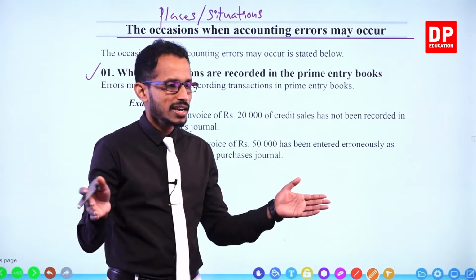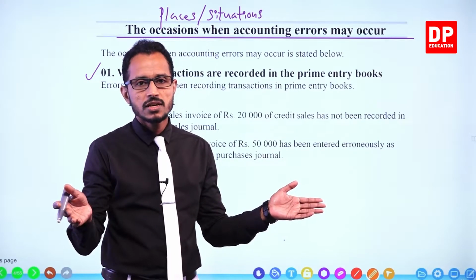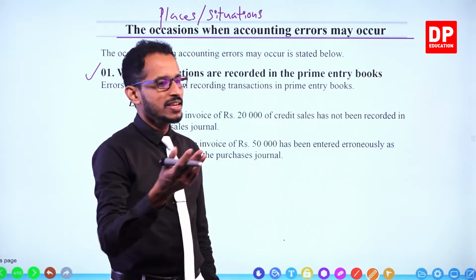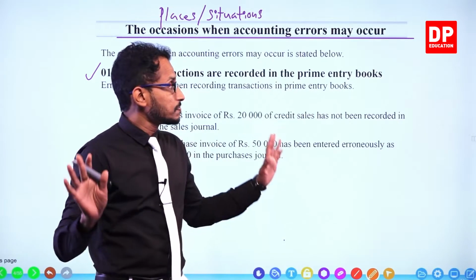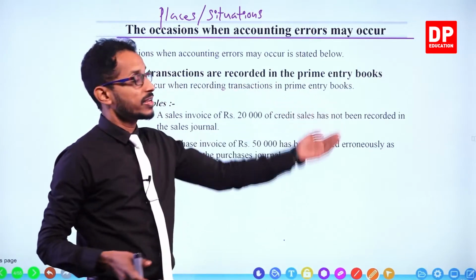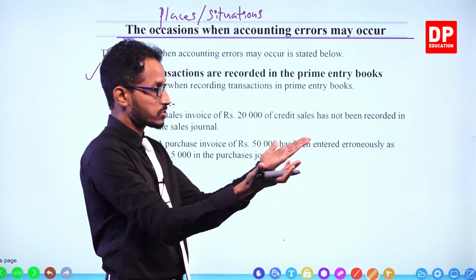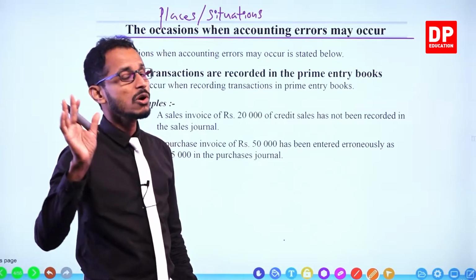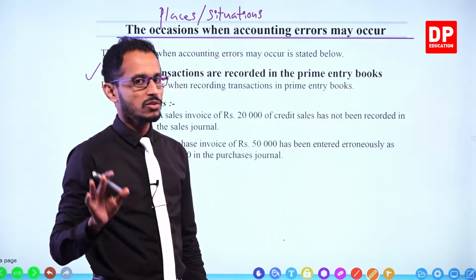Now all the accounting processes are computerized. Computerized accounting packages are there, so errors can be traced easily. But we are not talking about computerized accounting systems. We are talking about manual recording, the good old fashioned way. Not the modern way.